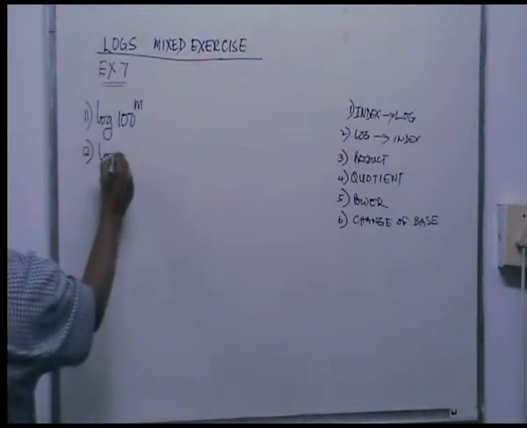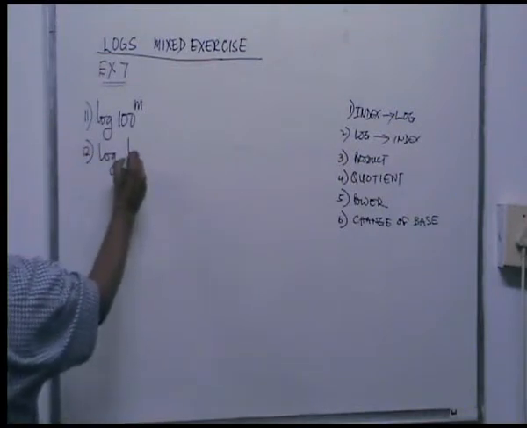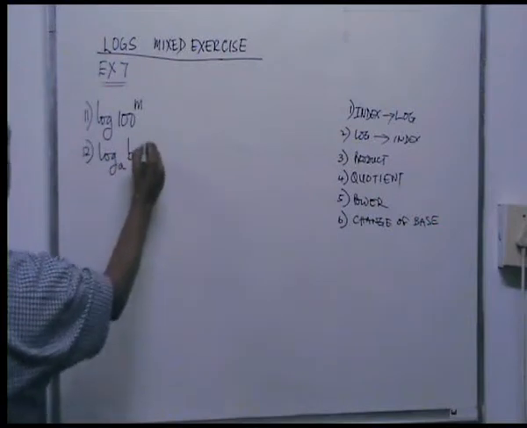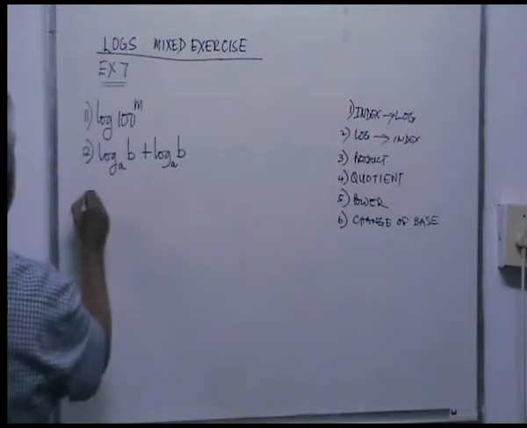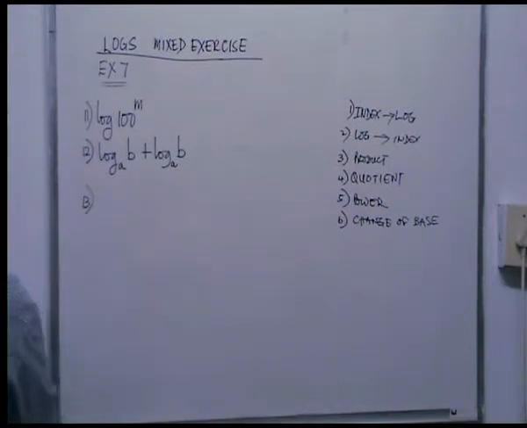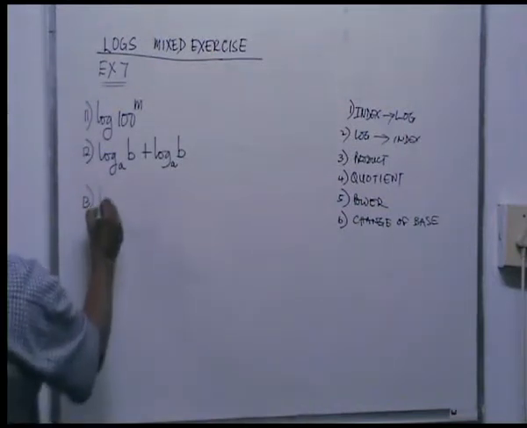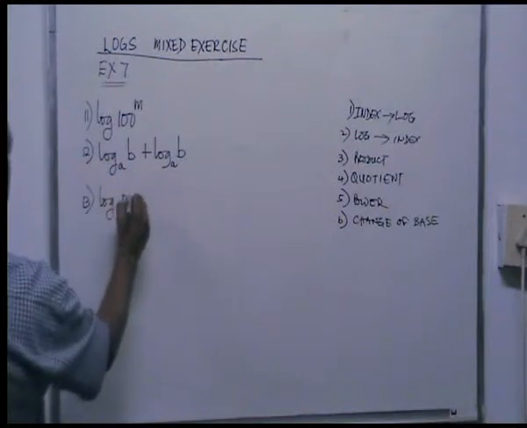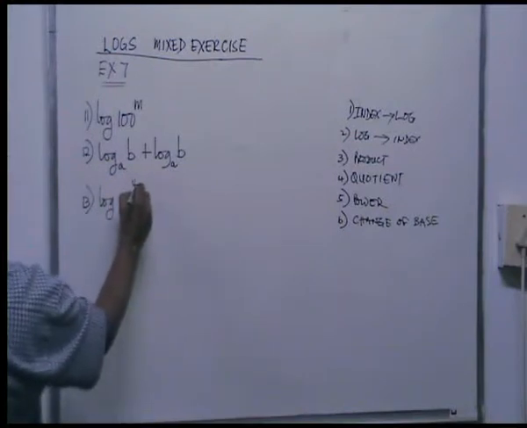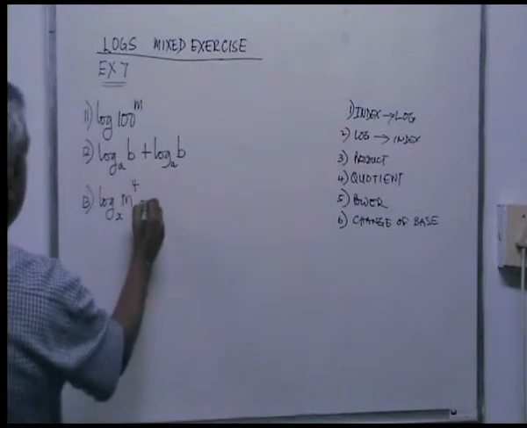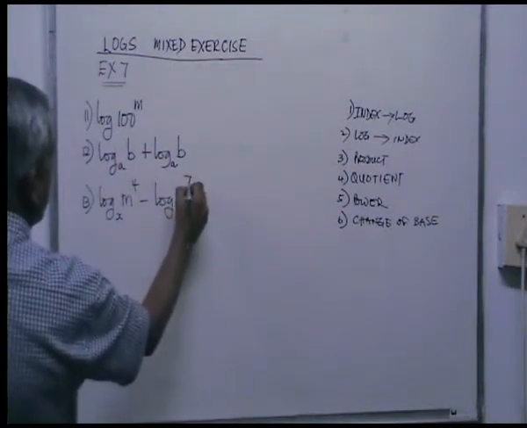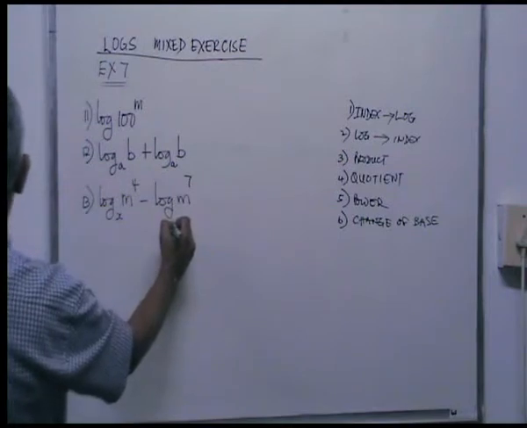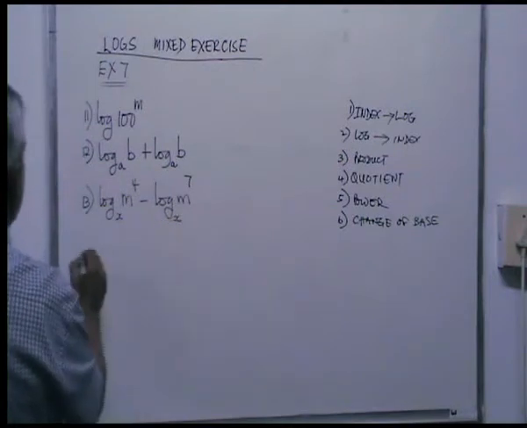Number 12, log of b to the base a plus log of b to the base a. Number 13, log of m to the 4 to the base x minus log of m to the 7 to the base x.